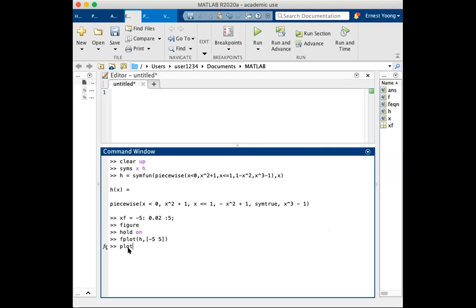Plot xf dot power 3 minus 3 times xf. Here I plot the function f(x). The dot, if you have the dot, is the same thing: xf dot power of 3 minus 3 times xf.